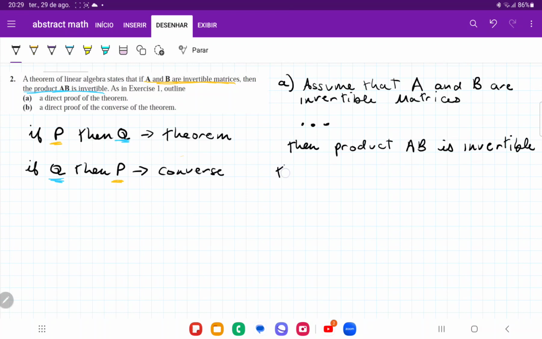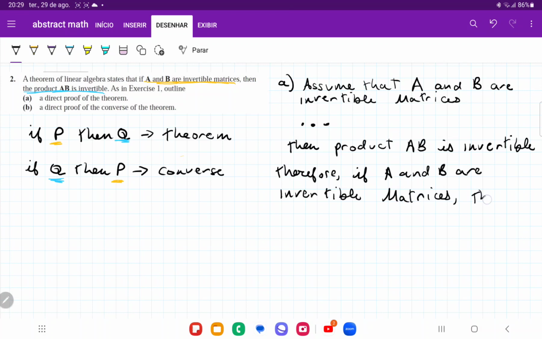And so we would say, therefore, if A and B are invertible matrices, then product AB is invertible. Okay, so that was for item A. And for item B, let's write that down.